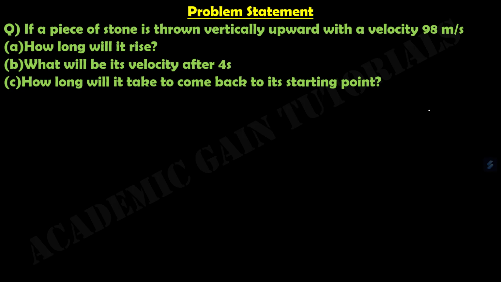If I draw the whole scenario, this is the stone, and the initial velocity with which we throw the stone is v naught equals 98 meter per second. The stone will rise to its maximum height h and then come down to the ground as well.